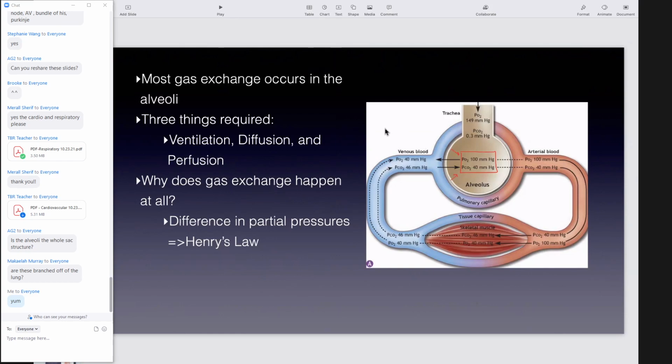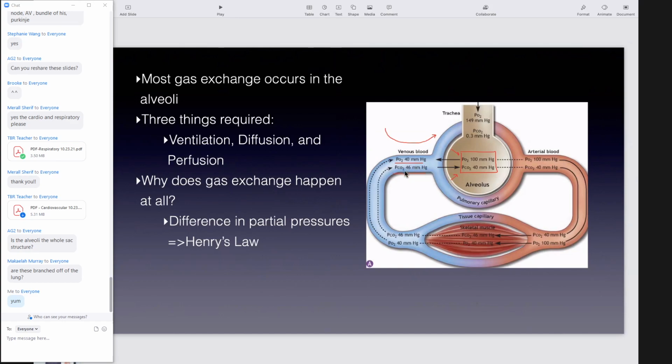So as the deoxygenated blood is flowing back to the lungs, we have a very low partial pressure of oxygen and a higher partial pressure of carbon dioxide.